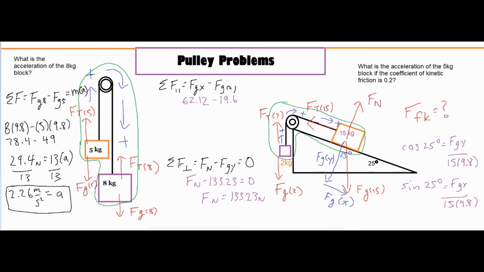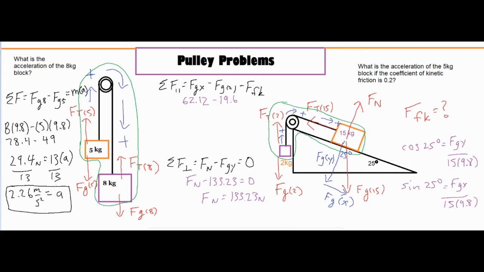So it definitely looks like there's a lot more force directed down the ramp, which means that if the object is trying to slide down the ramp, then the friction is opposing it in what I call the negative direction along this pulley. So I can subtract the force of kinetic friction from my FGX.